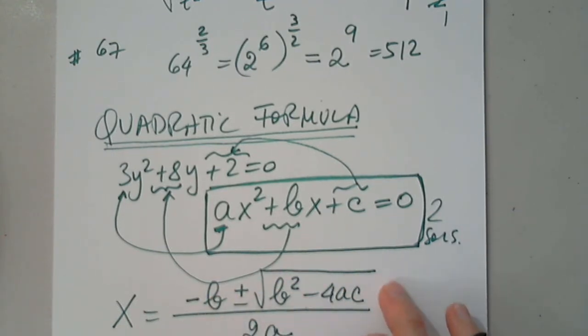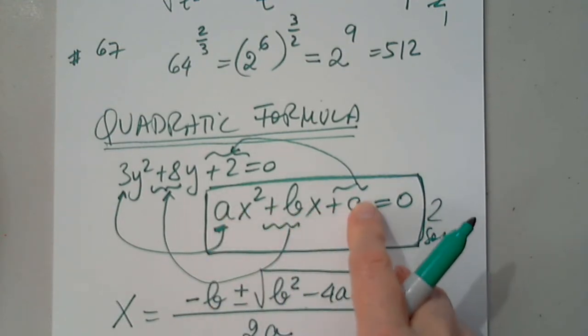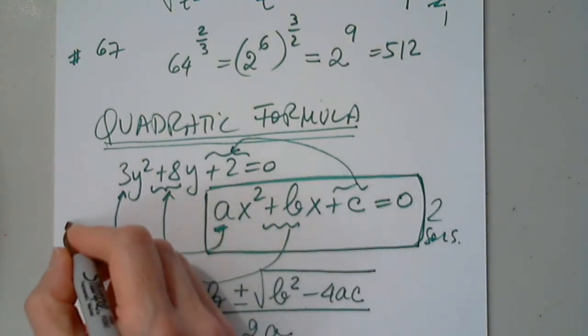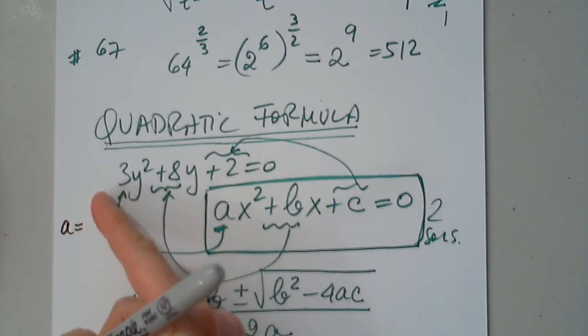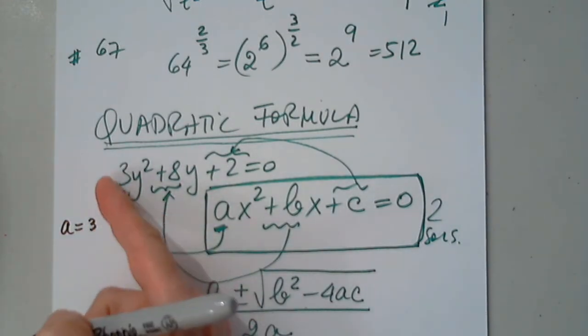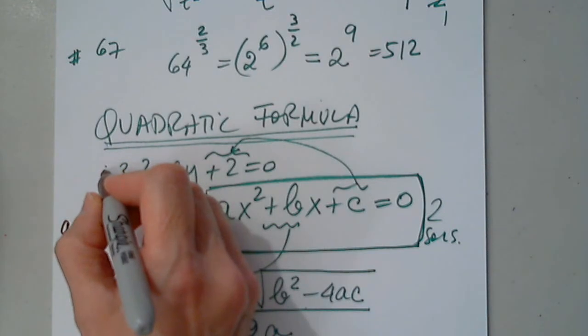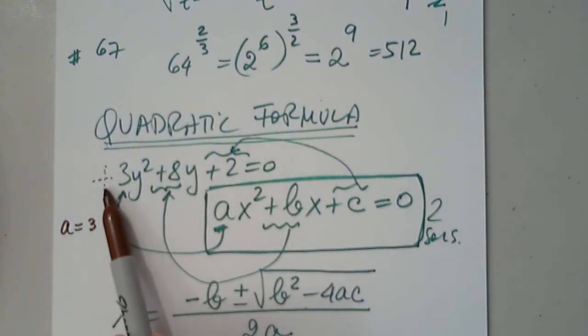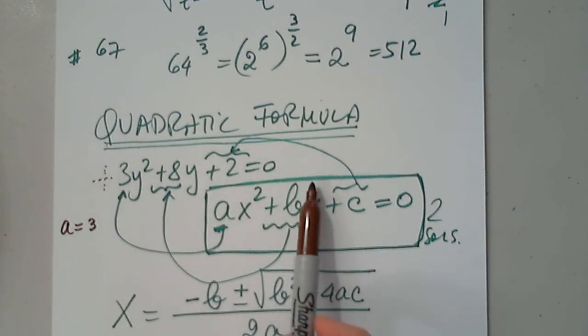All these numbers come from here. So the first thing I do, I set it up in this format. It's already done. Second thing, I will identify that a equals this leading coefficient with its sign in front. You should always make sure that if there is no positive here but negative, multiply both sides by -1.